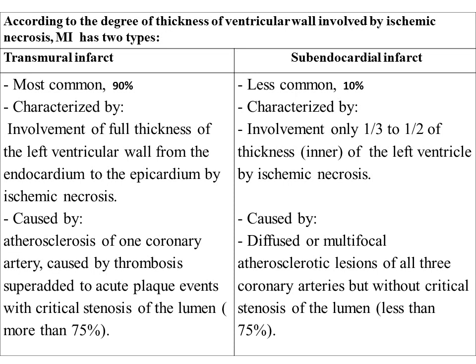Transmural infarct is the most common type and is characterized by involvement of the full thickness of the left ventricular wall by ischemic necrosis from the endocardium to the epicardium. It is caused by atherosclerosis of one coronary artery with severe stenosis.